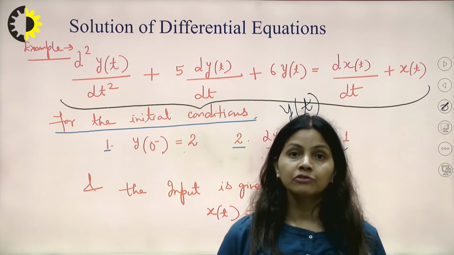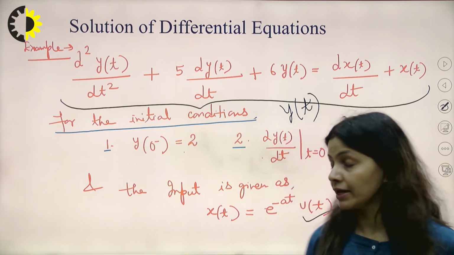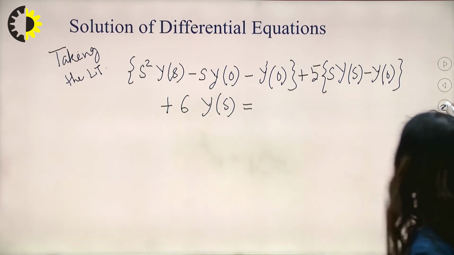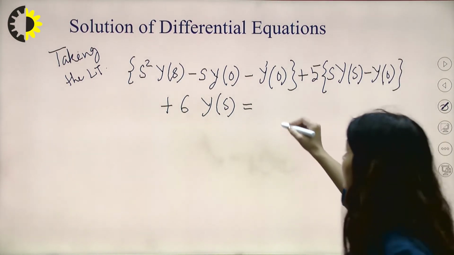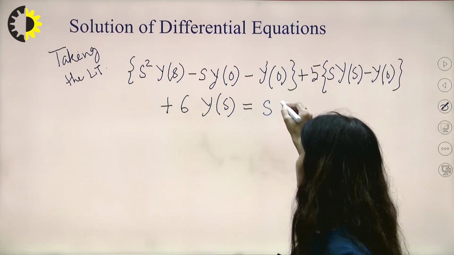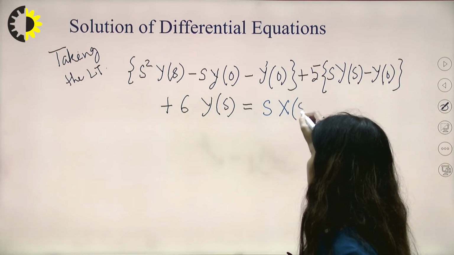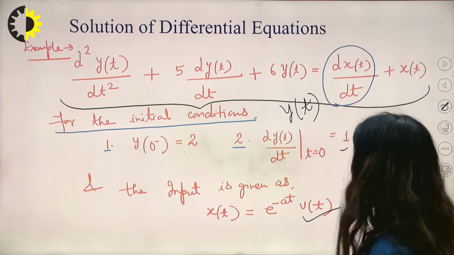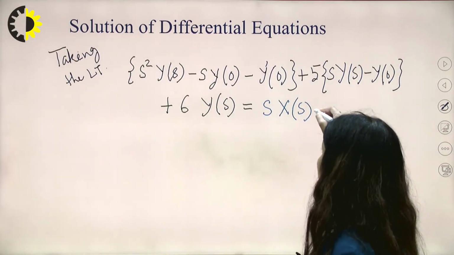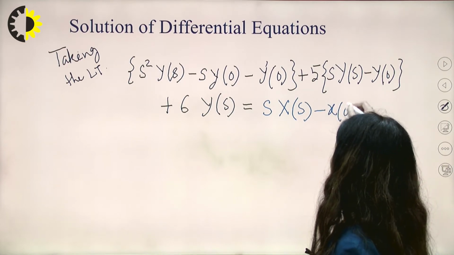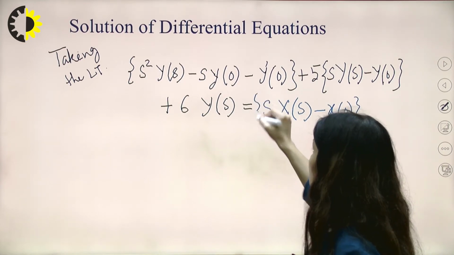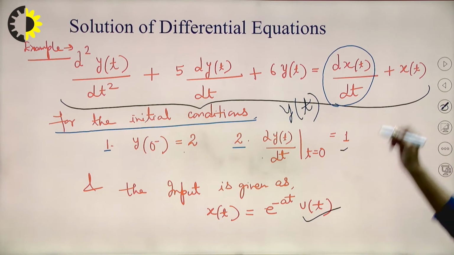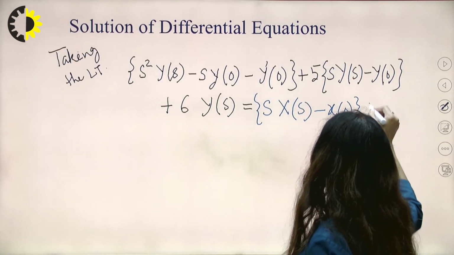The Laplace transform of dx(t) upon dt will be found with the same formula, so it will be s X(s) minus x(0). As I suggested, we must put a bracket so that these coefficients are never missed. Plus x(t), the Laplace transform for this will be plus X(s).